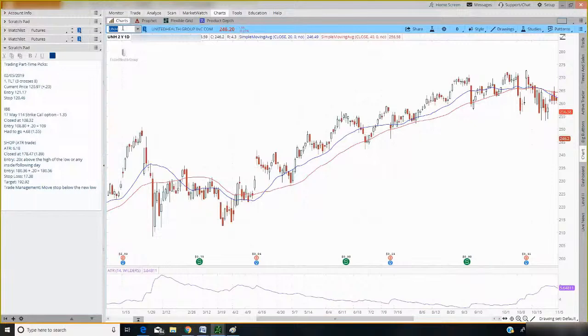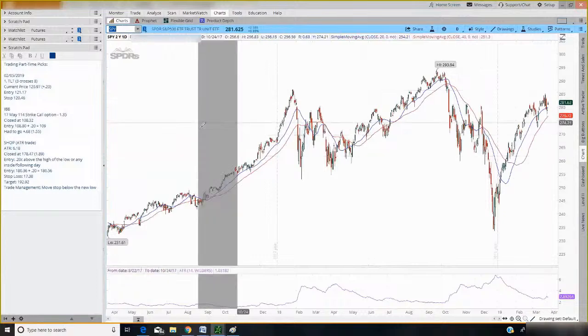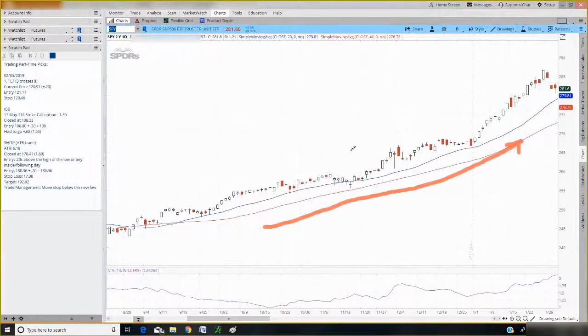I don't know any downtrending stocks right now, but let's just go to the actual stock market. Look at this. When the stock market trends up, I can promise you that a monkey could have bought stocks and made money.